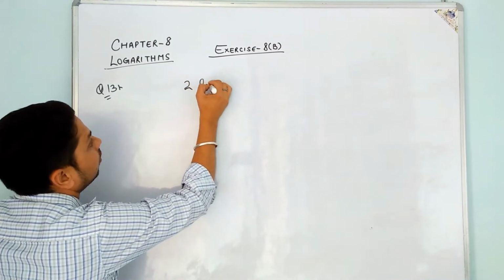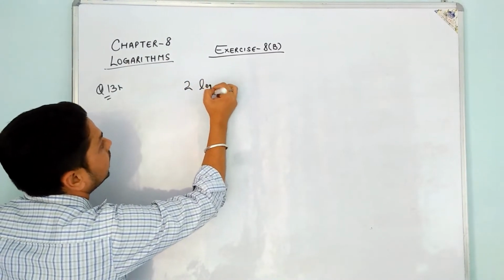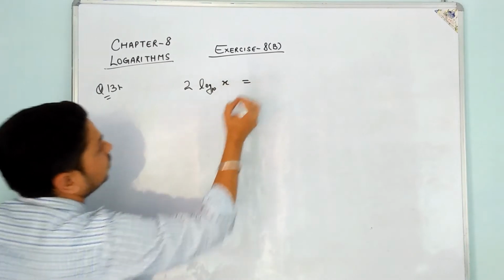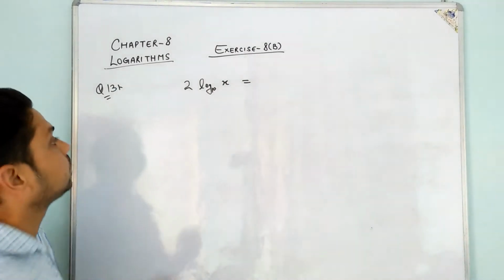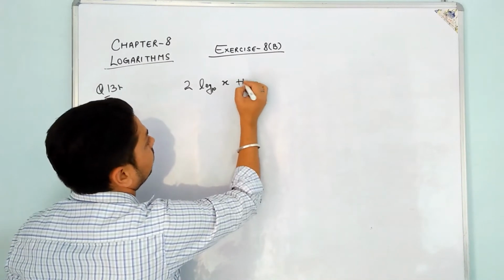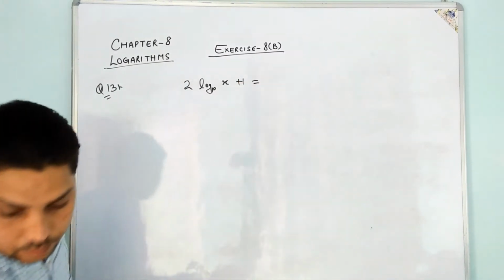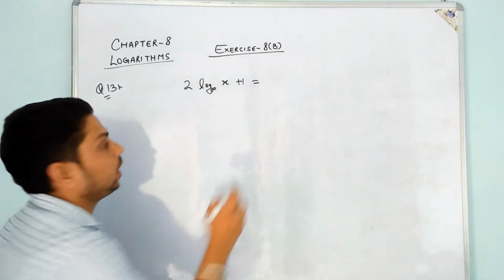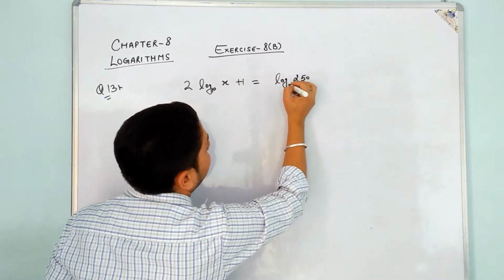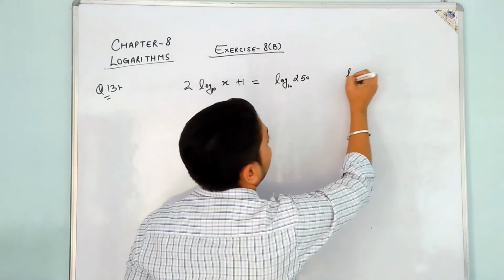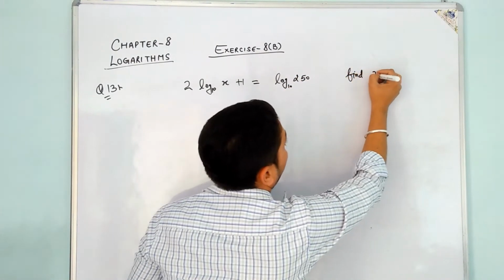Twice log of x with base 10, plus 1, is equal to log of 250 with base 10. Find x.